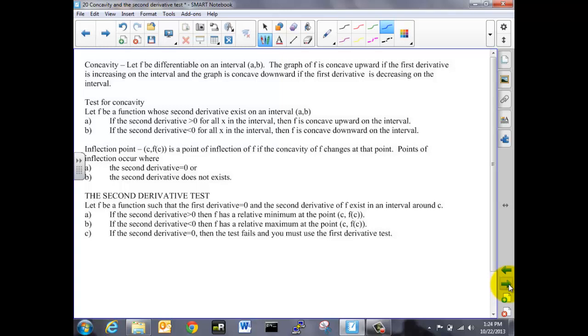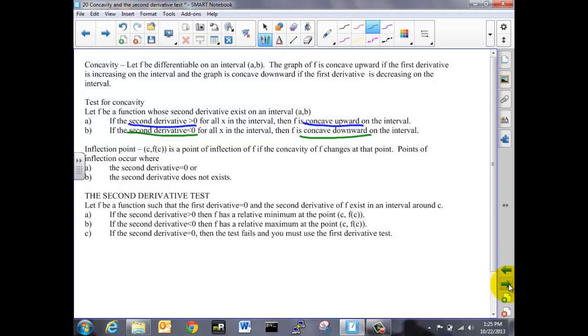If the second derivative is positive, then it's concave upwards. If the second derivative is negative, it's concave downward. Well, what case did we not take into account there? Zero. All right.